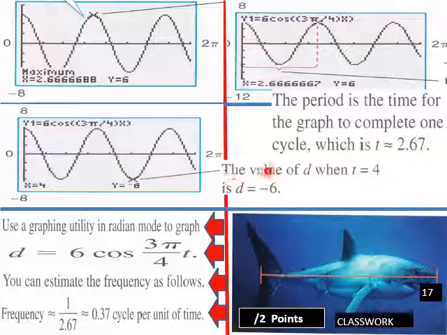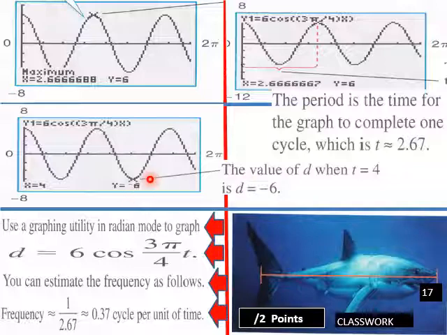The value of d when t equals 4 is d equals negative 6. So when t equals 4, d would equal negative 6.